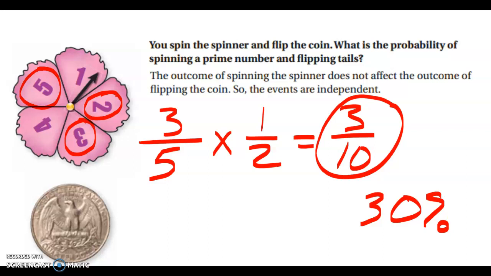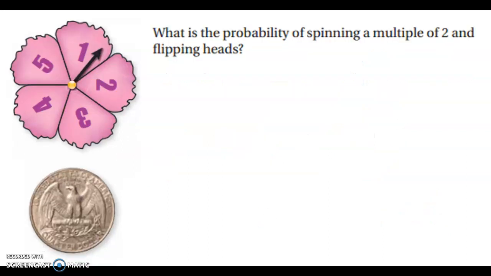So make sure you know what a prime number is. All right, what is the probability of spinning a multiple of 2 and flipping a heads? Multiples of 2 are 2 times 1, 2 times 2, 2 times 3. So it'd be 2, 4, and there is no 6.